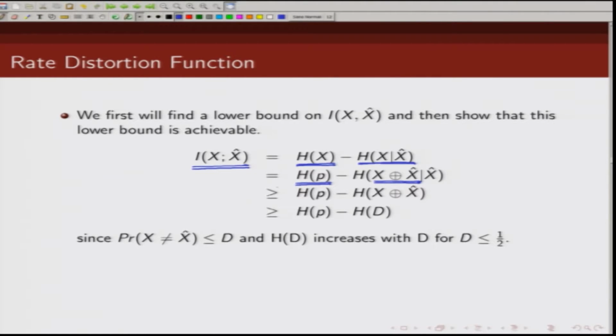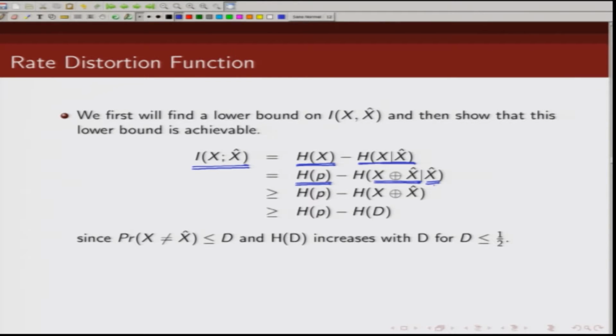So, we can write this mutual information between x and x hat as h of p minus h of x XOR x hat given x hat. Now, this is conditioned on x hat.